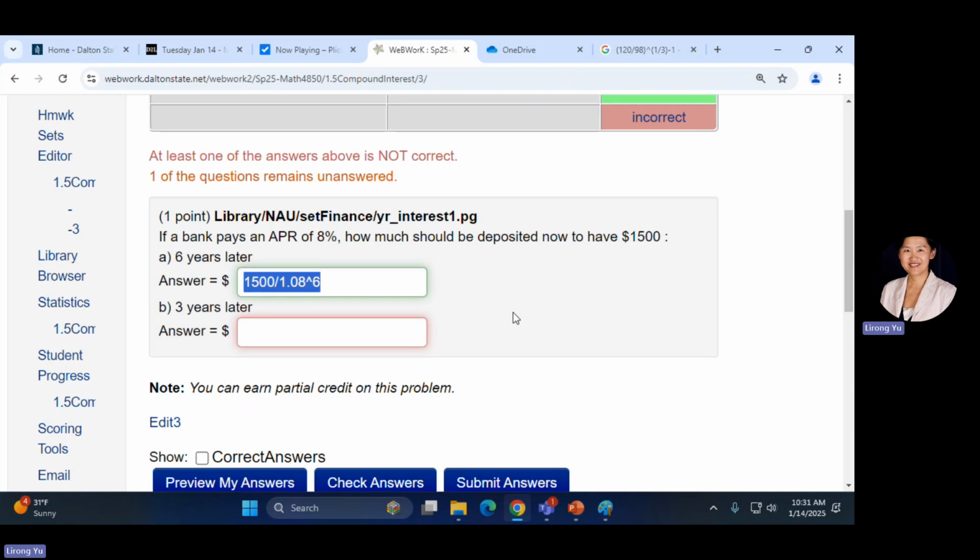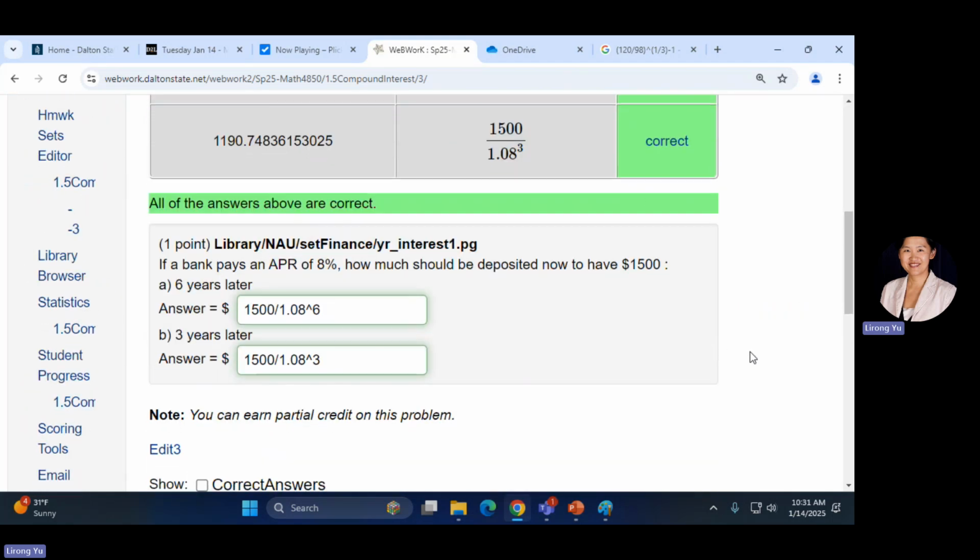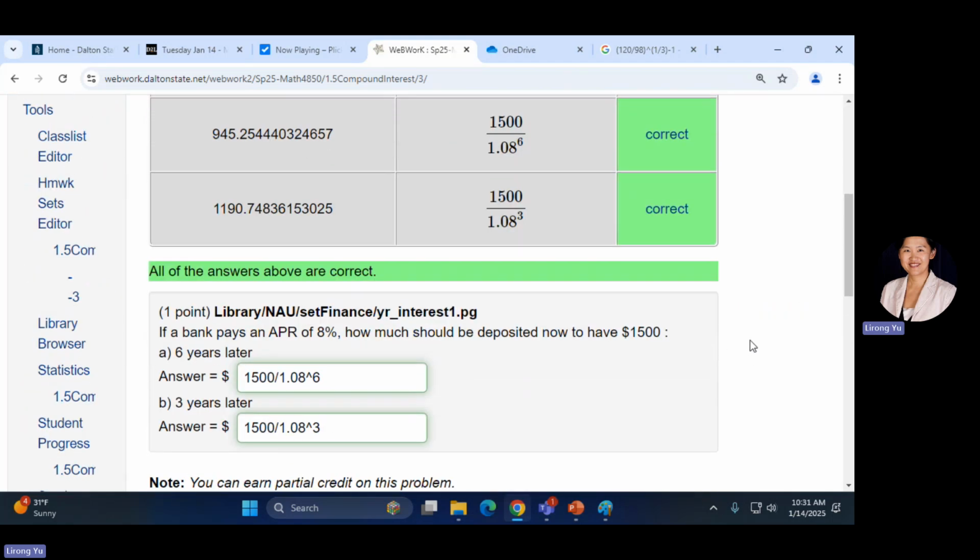The same calculation would work for the second one, except it's 3 years. So you're going to need more money if the growth factor is smaller. So these two are similar. Once you figure out the answer for one, the answer for the second one is pretty much comparable. Any question? All right, I'll leave the 1.5 here.